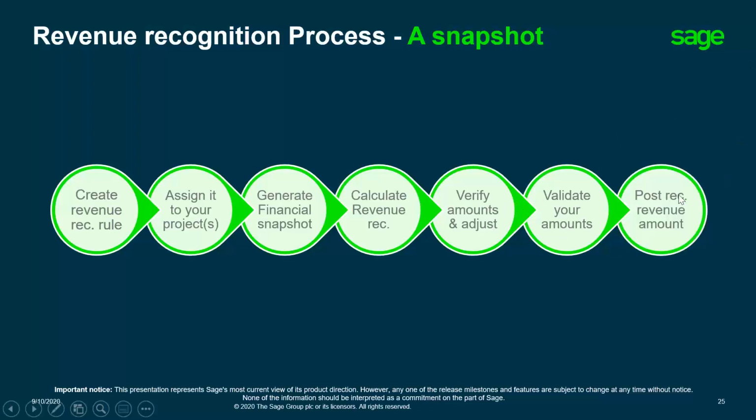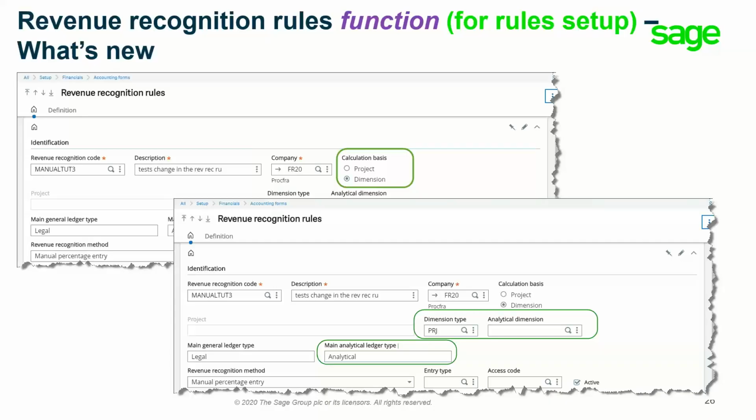And what the system does here is post your revenue recognition into the accounting. It means that it will generate journal entries in that case. So these are the revenue recognition rules and functions.